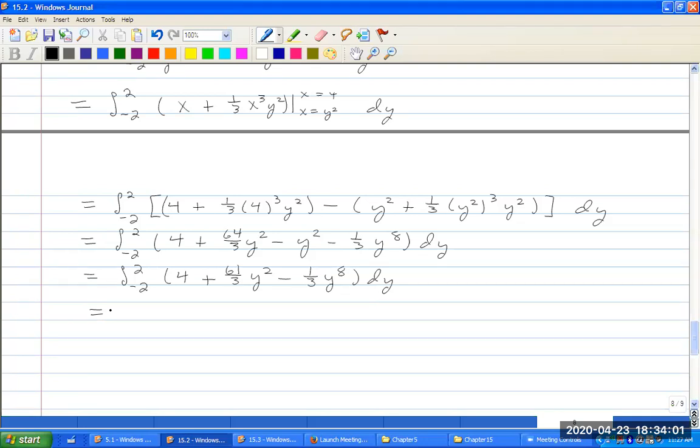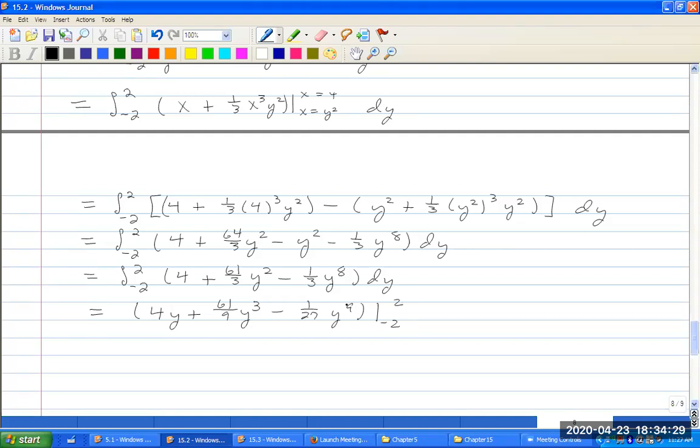So now let's integrate this. And so I get 4y plus 61 over 9 y cubed minus 1 over 27 y to the 9 between -2 and 2.